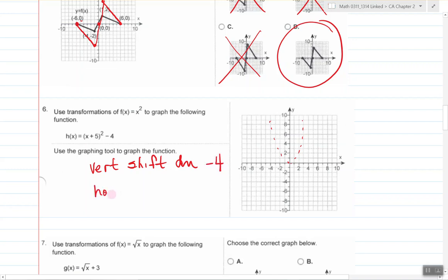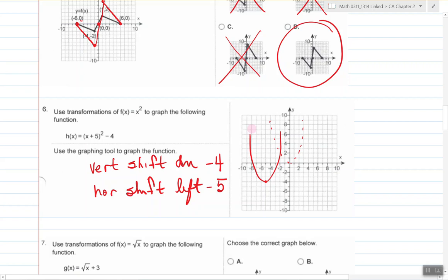For a horizontal shift, because it says plus, it will go to the left, and you have to put in minus 5, so that it will go down 4 and left 5, and it will look something like that.